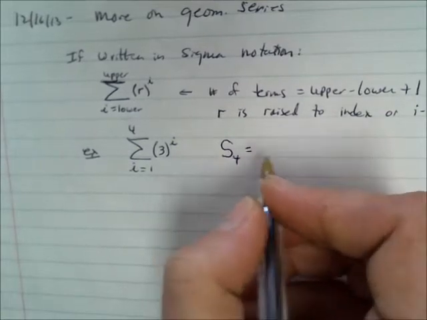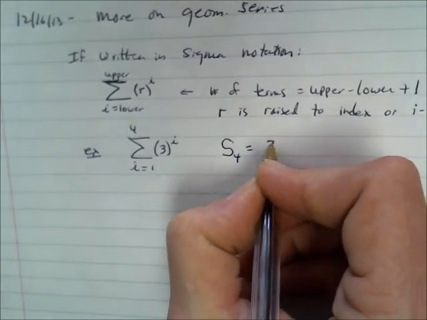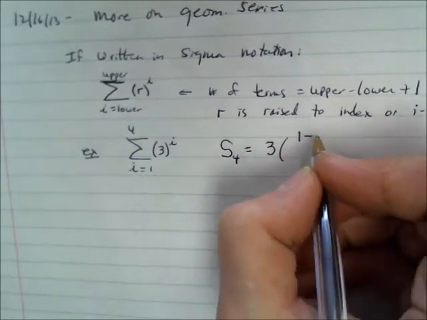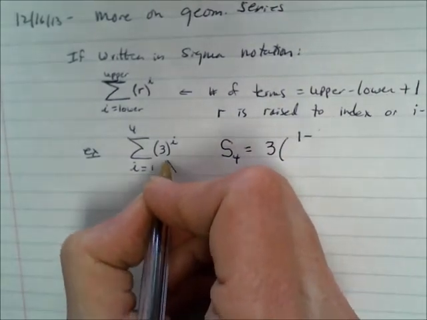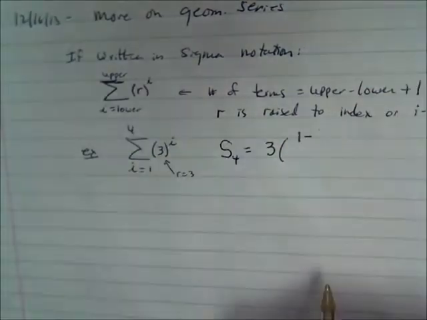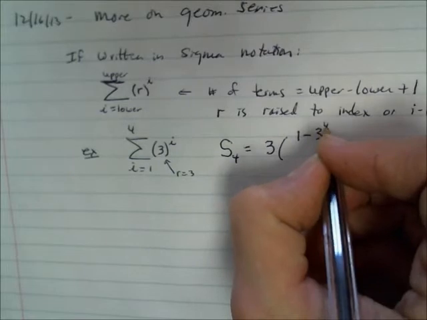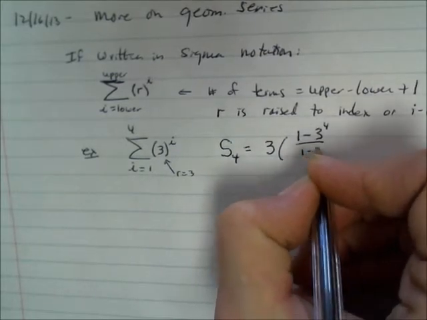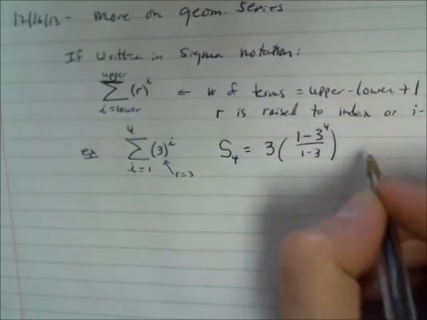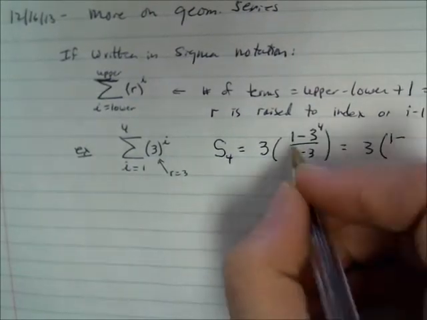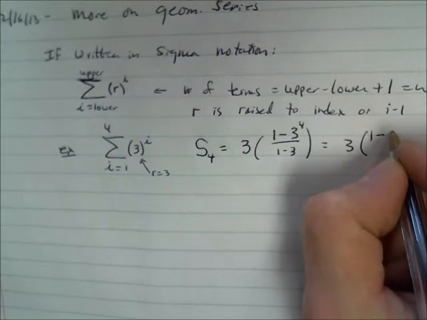So the sum is A1, which is 3, times 1 minus R to the n. Well, the R value is equal to 3 in this case. So it's 1 minus 3 raised up to the 4th, all over 1 minus 3. And with no calculator, we should know that 3 to the 4th, or figure it out anyways, is 81.